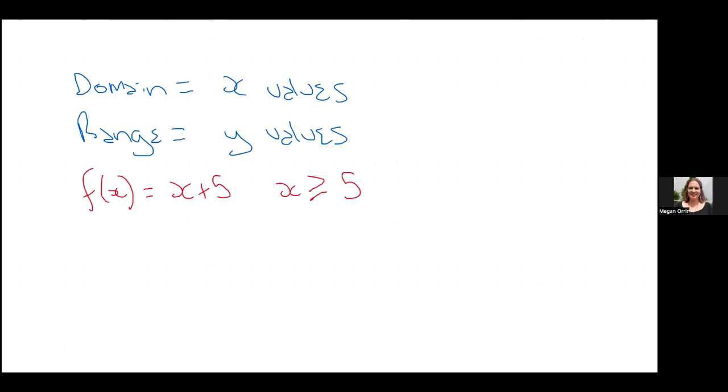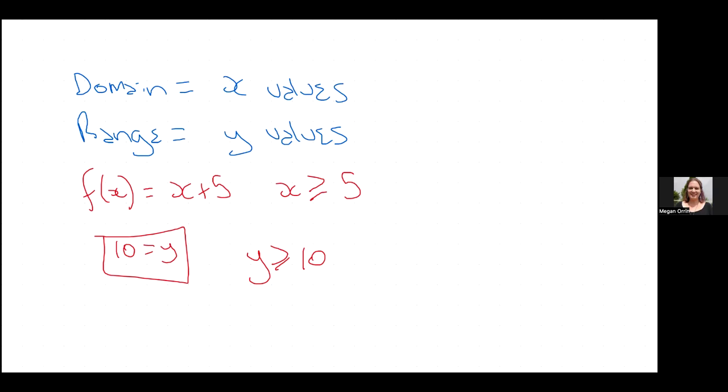When x is 5, what's y? 10, right? Am I going to go up or down from here? Up, right? This is a positive linear graph. So y must also be greater than or equal to 10. These are my range restrictions given my domain restrictions.